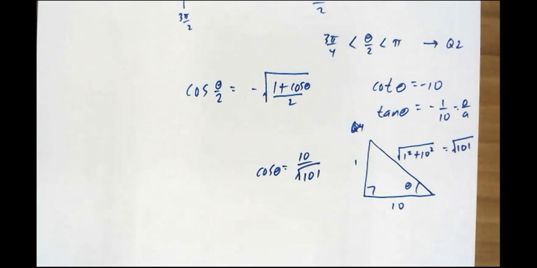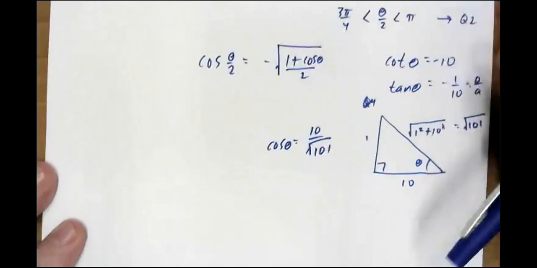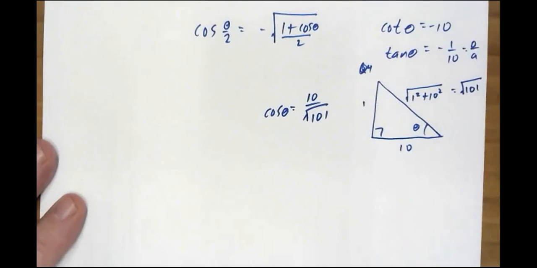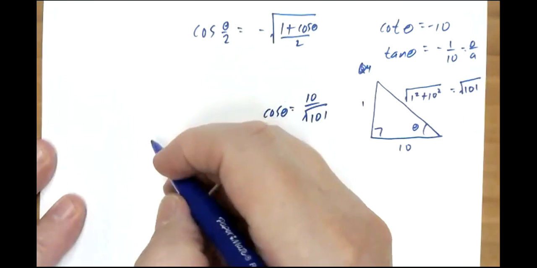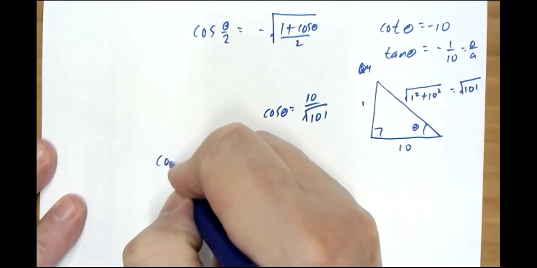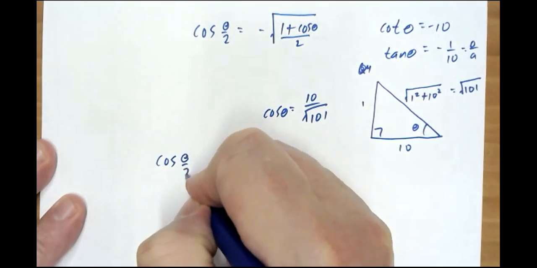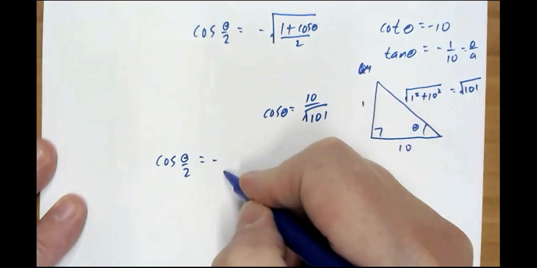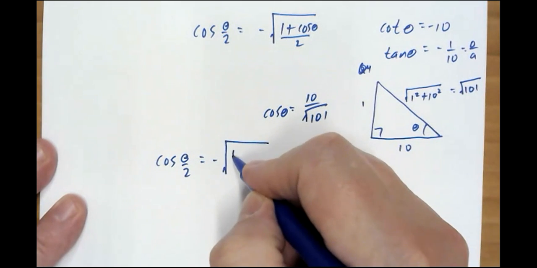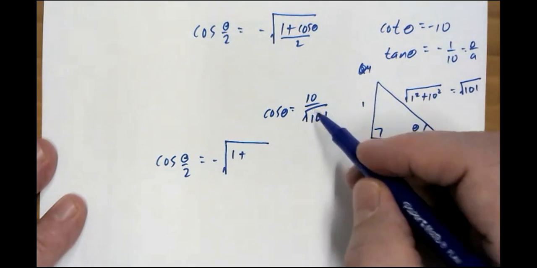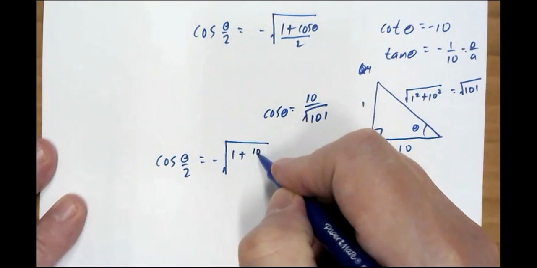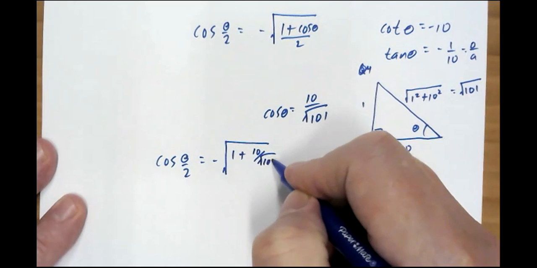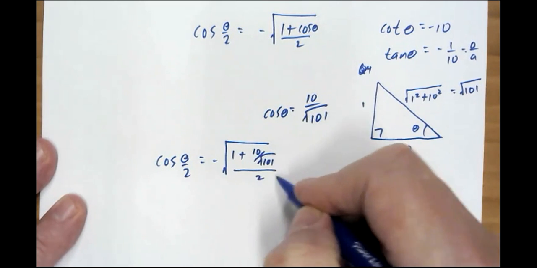Now I can plug it into the formula. And this is one of the problems where it's going to get sort of messy. So we'll just see if I can finish it just to show you how messy this gets. Negative square root of 1 plus cosine of theta all over 2.